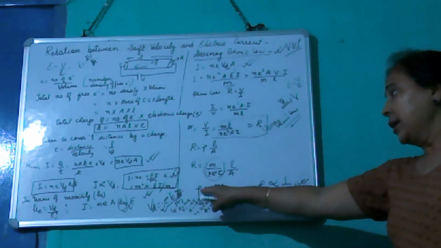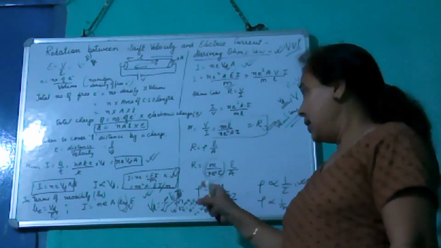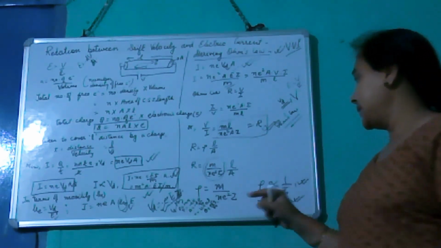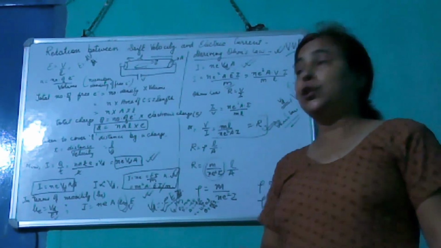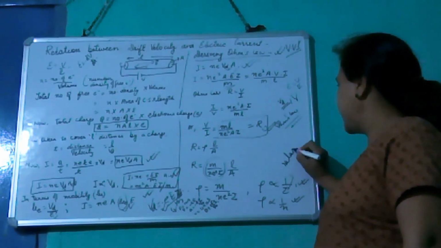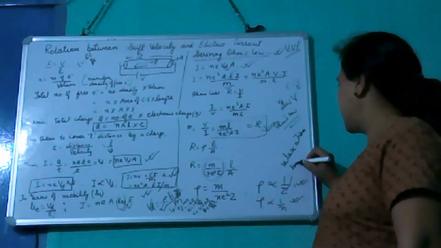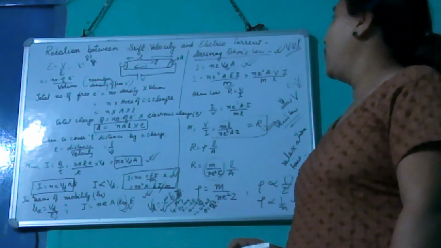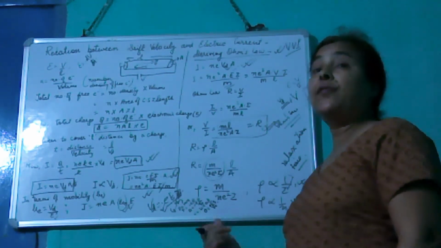What we see is rho depends on mass, rho is inversely proportional to n, the number density, and rho is inversely proportional to tau, the relaxation time. So we have the derivation of Ohm's law from the concept of drift velocity.